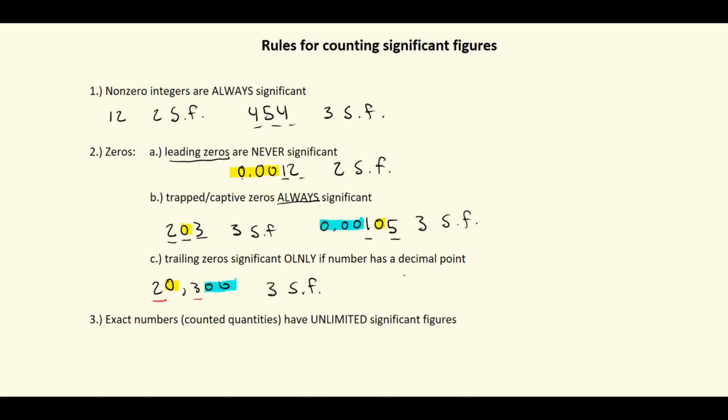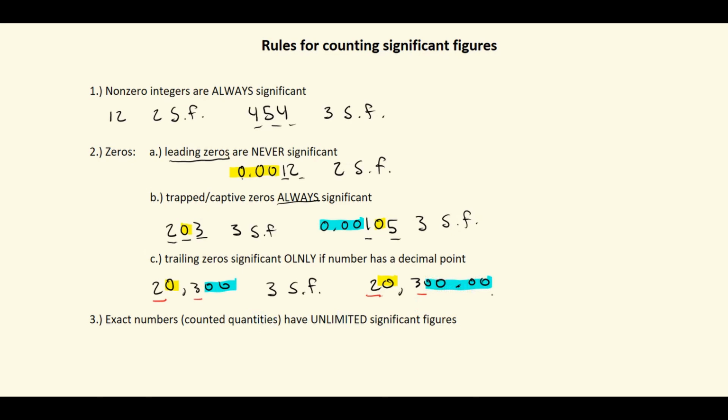And then in the case that we do have a decimal, so just say we had 20,300.00. Here we see again that we have these 2 integers, we have a trapped zero, and then we have 4 trailing zeros.